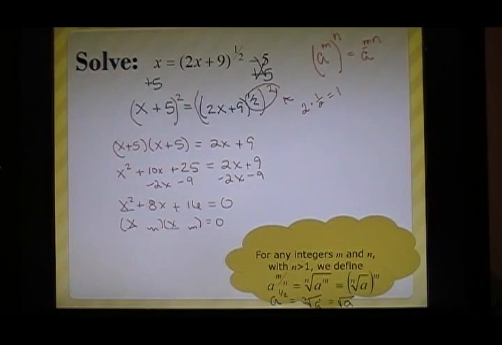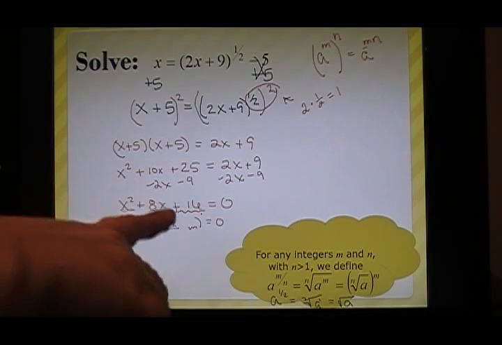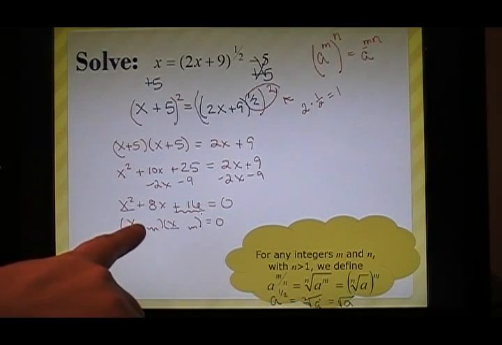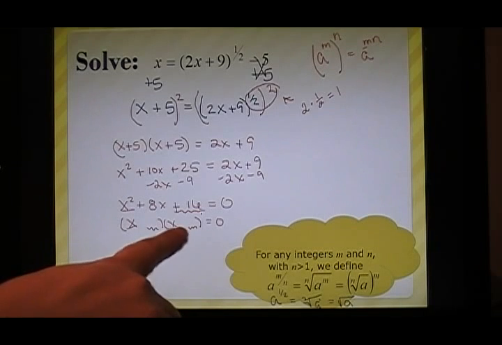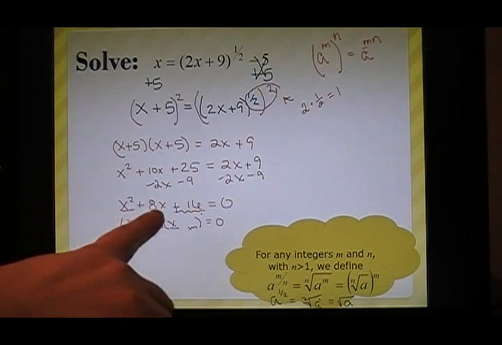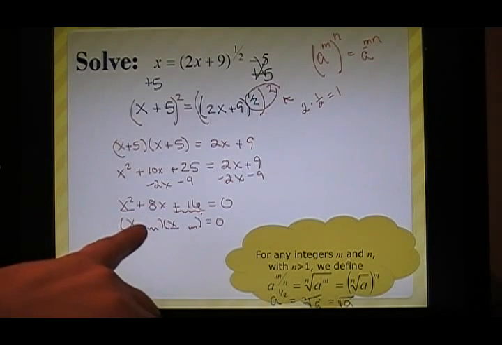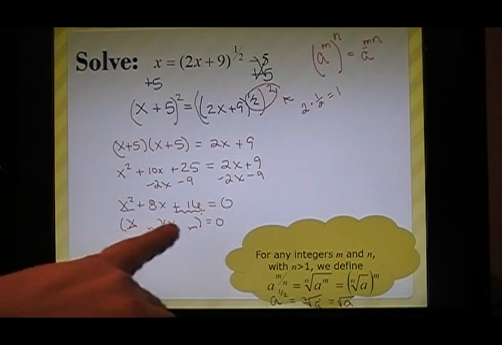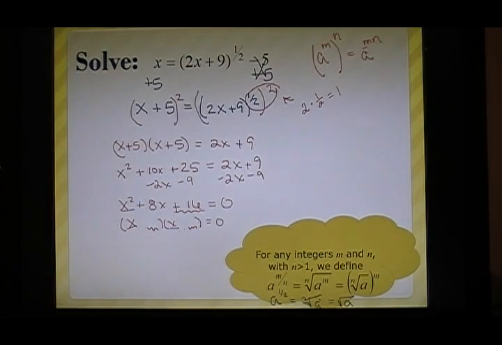Last times last has to give us positive 16. The only way I can get a positive product is if I multiply two positive numbers together or two negative numbers together. Because I want the sum of my inner and outer to add to a positive 8, I know I'm going to use two positives rather than two negatives. If it had been minus 8, I would have needed to use two negatives instead.